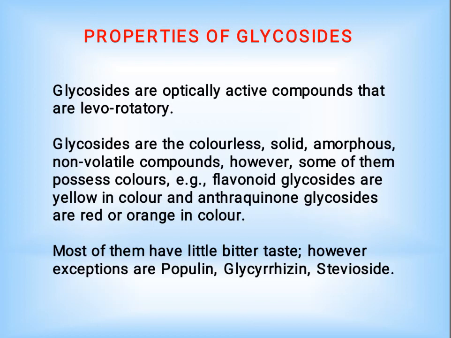So basically all glycosides are colorless except flavonoid glycosides and anthraquinone glycosides. Most of the glycosides have a slightly bitter taste. However, a few exceptions are there, such as populin, glycyrrhizin, and stevioside.